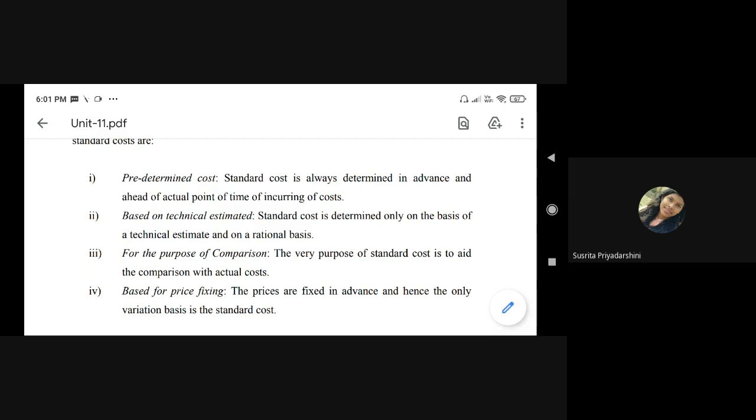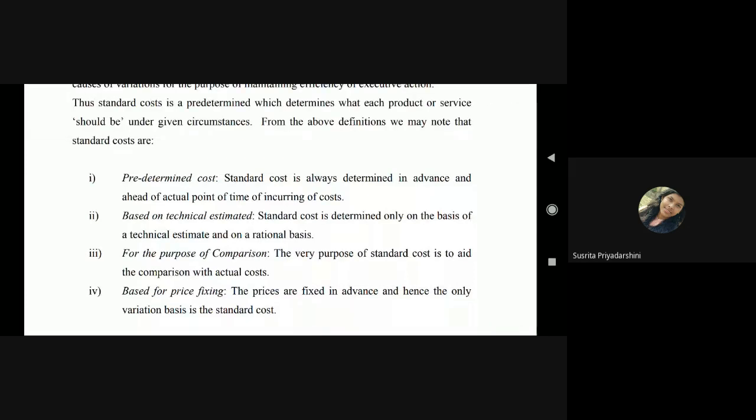Next, it is being prepared for the purpose of comparison. Why is this standard set? Because we want to check whether the estimation we prepare in advance is matching with the actual one or not, or if it is not matching, whether it is within that or not.